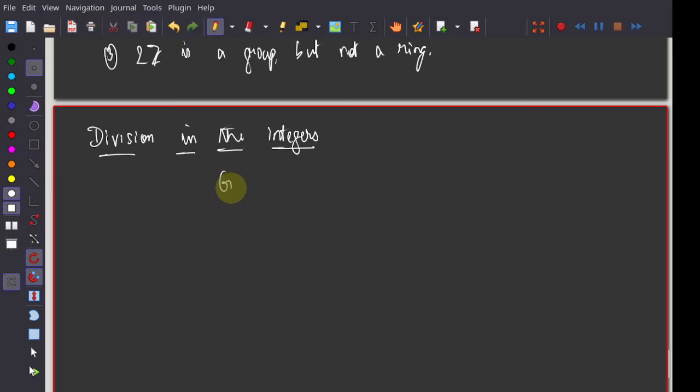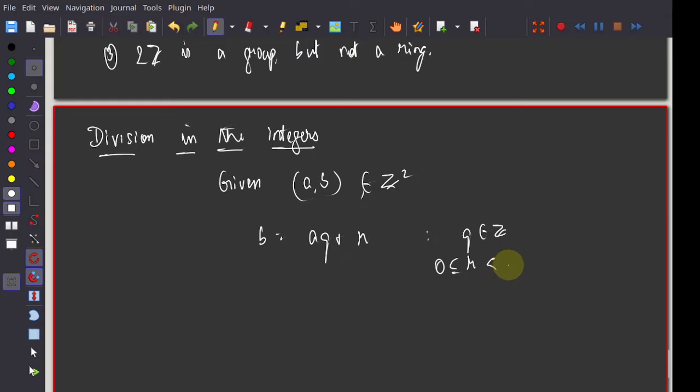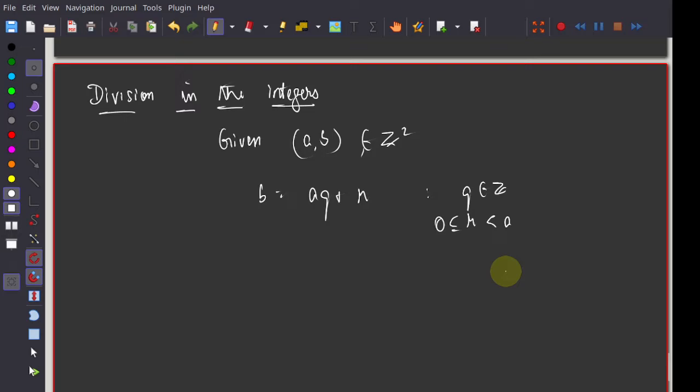So basically, given any two integers a, b, maybe 10 and 20, we can always write b equal to a times q plus r, where q is again an integer and r is greater than or equal to 0 but strictly less than a. Correct. So what exactly can we infer from this?